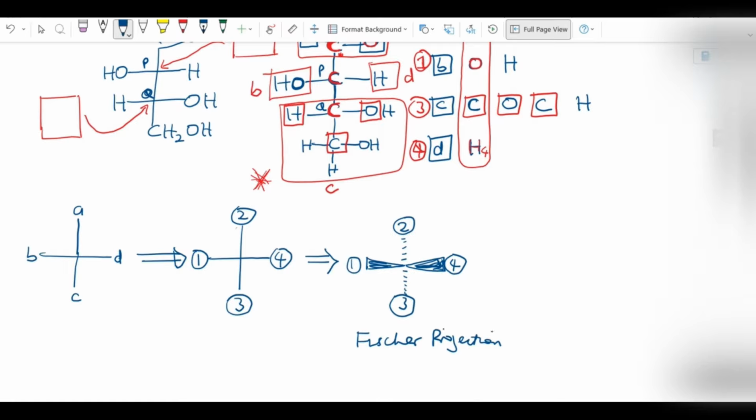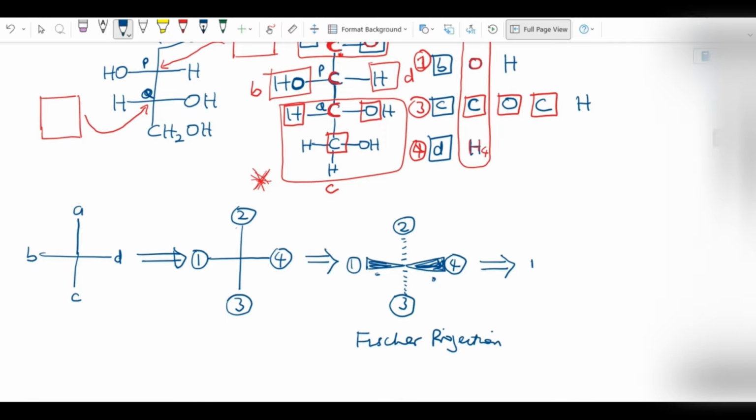However, in order to assign the R or S absolute configuration, we need to convert this Fischer projection into a more relatable three-dimensional projection. So the three-dimensional projection that we're used to, normally we have 2 wedges and 2 lines. So I can choose any of these wedges to remain as a wedge, in which case the other bond will be on the line bond.